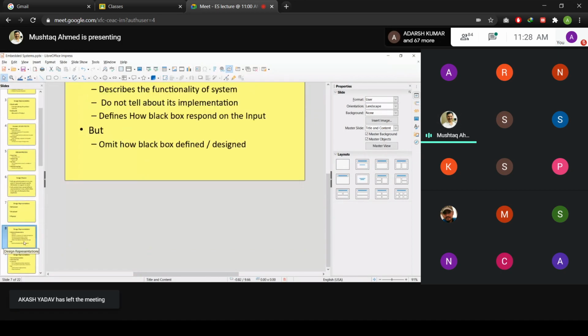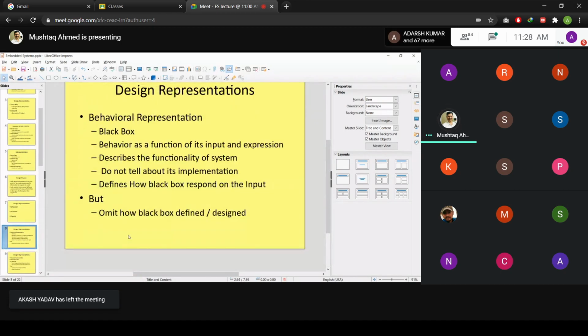So now, as I said, in the design representation, behavioral representation is nothing but a function where we give just input as expressions and get the output as per our desire, and we do not know about the internal functionality of the system.